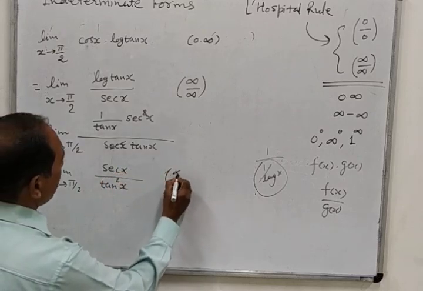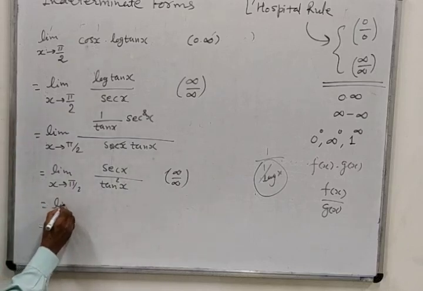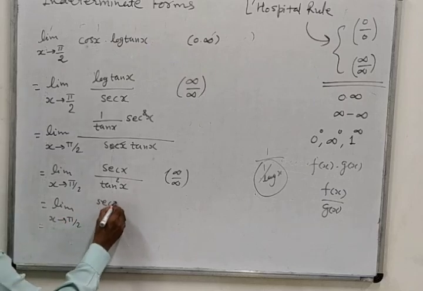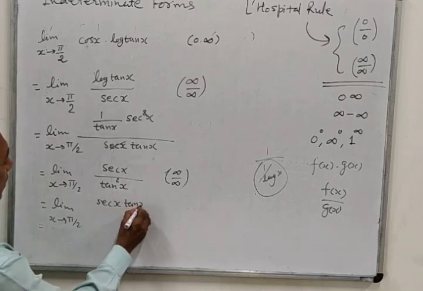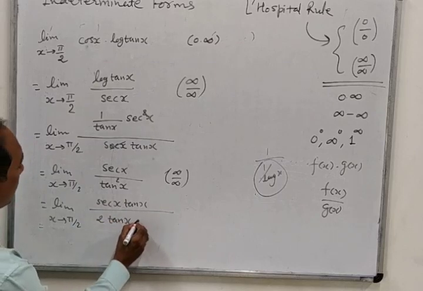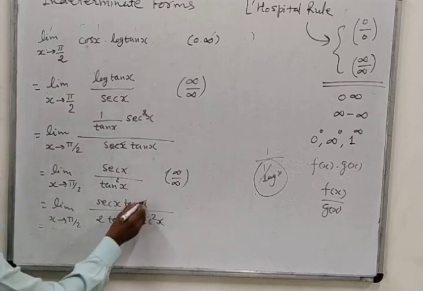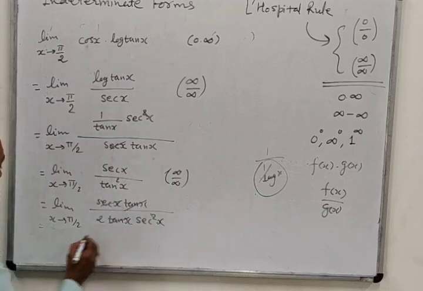Sec pi by 2 is infinity, and this is again infinity, so infinity upon infinity form. The derivative of sec x is sec x into 10x, and the derivative of 10 square x is 2 10x into sec square x. So this 10x and 10x will be cancelled, and one sec x will be cancelled.